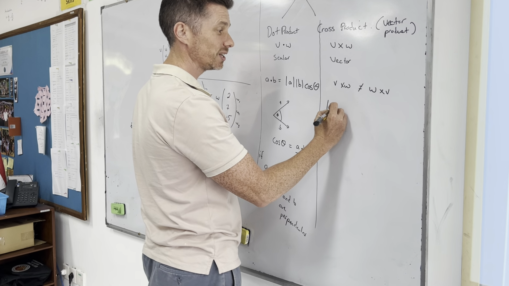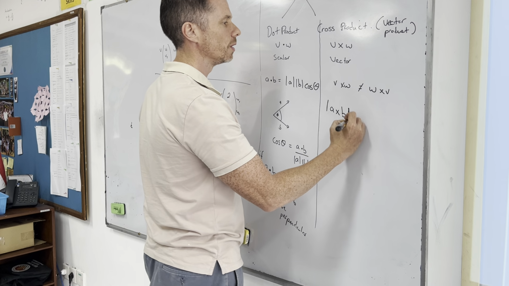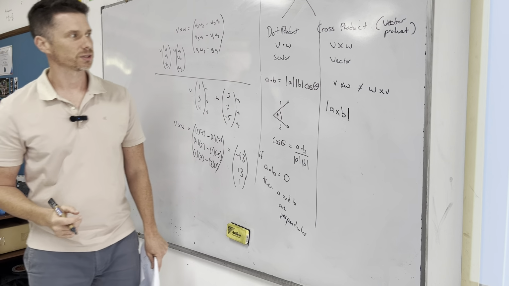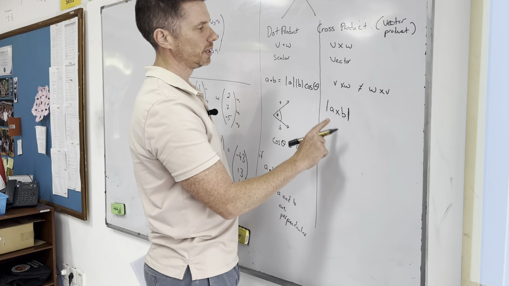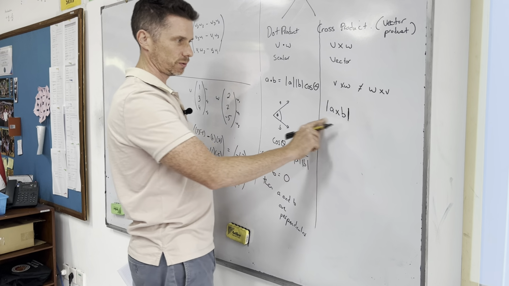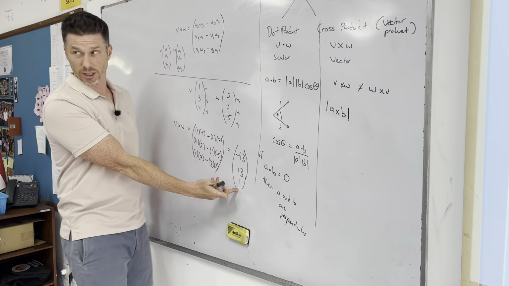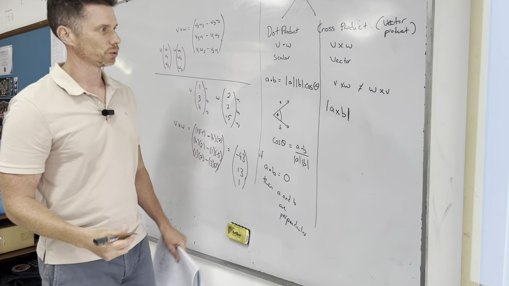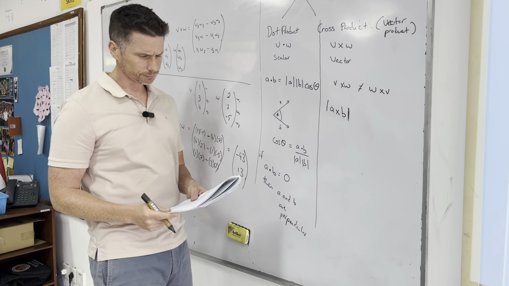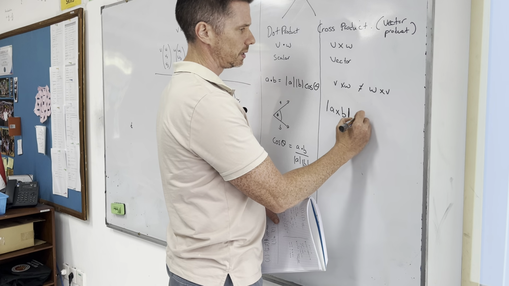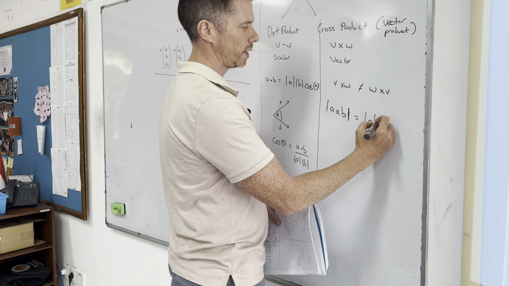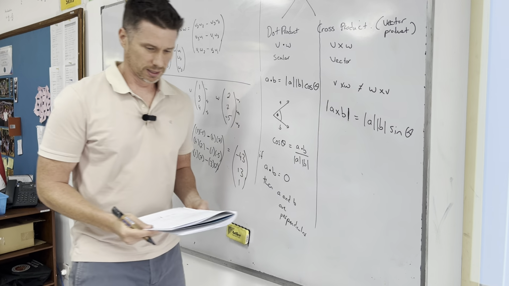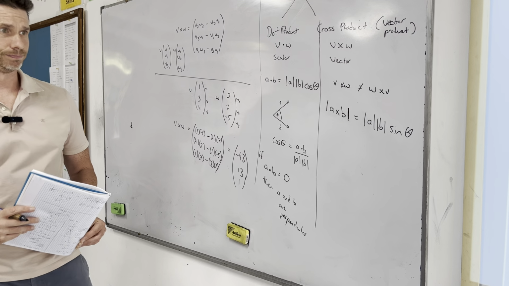If we take the magnitude of the cross product, so minus 43 squared plus 13 and so on, and we have the magnitudes of A and B separately, it links up with the sine of the angle between them.